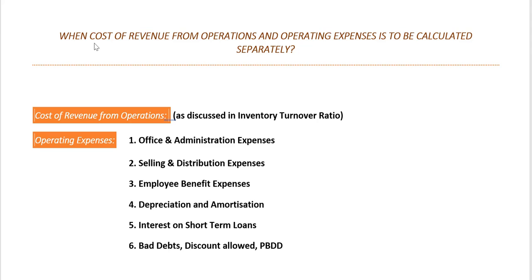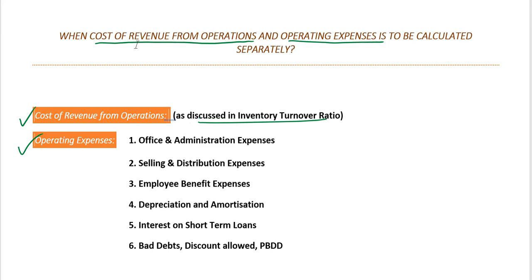Now sometimes we may have to arrive at the cost of revenue from operations and the operating expenses separately and add them up to arrive at the operating cost. In that case, we will find out the cost of revenue from operations using the same method discussed in inventory turnover ratio.